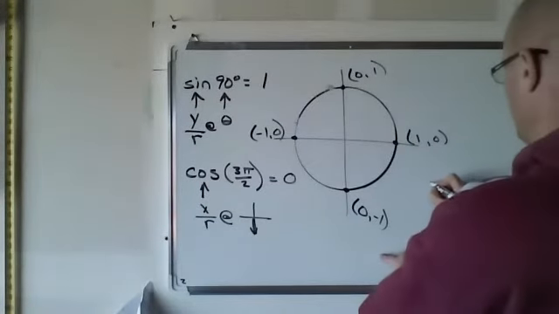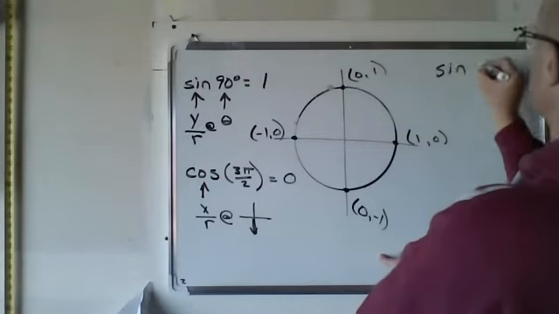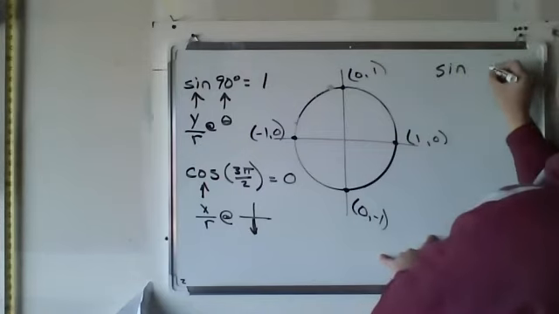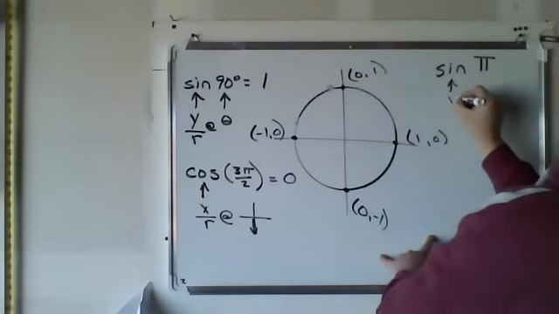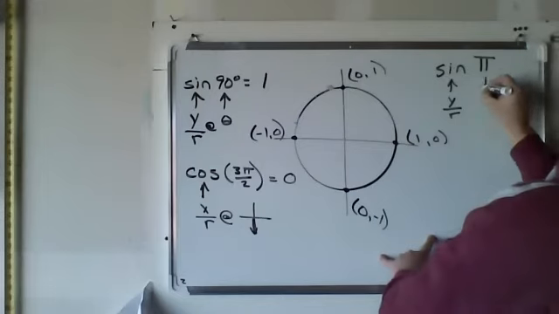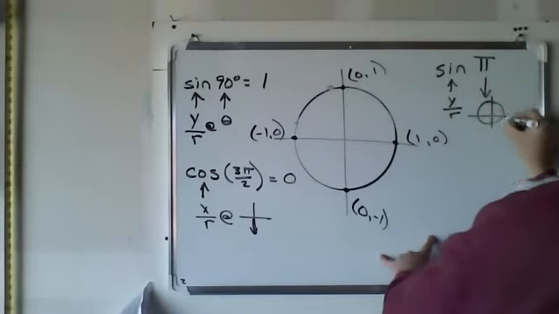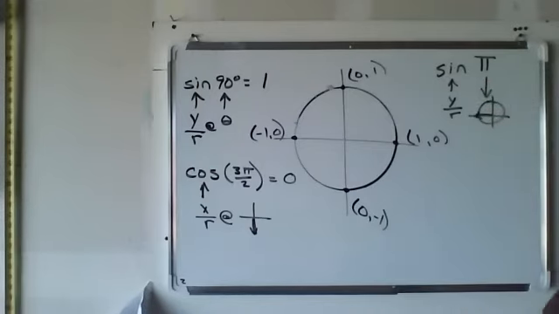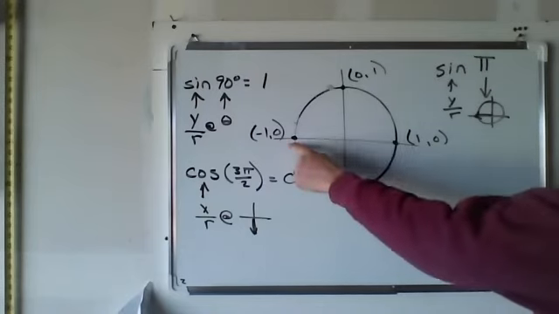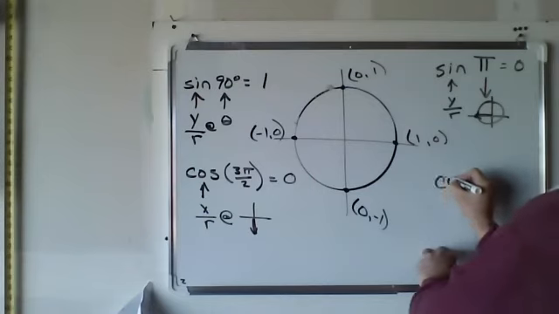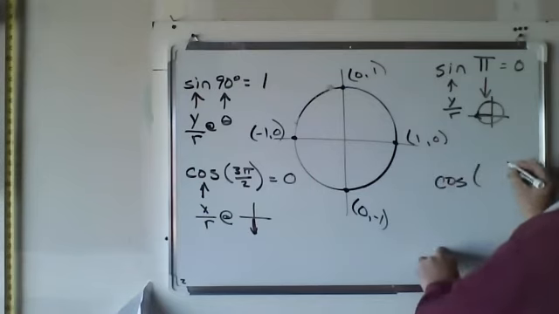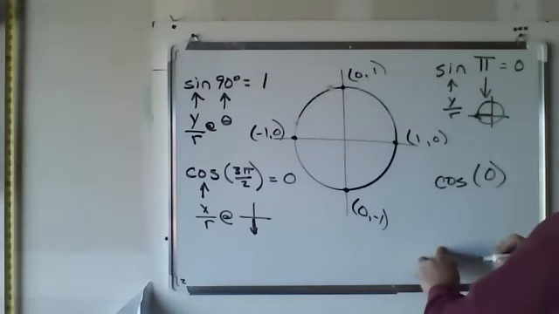So what's the sine of pi? Here I'm thinking about the y over the r. And here I'm thinking about the circle, and the spinner pointing straight out that way. So right there, it's equal to 0. What's the cosine of 0?